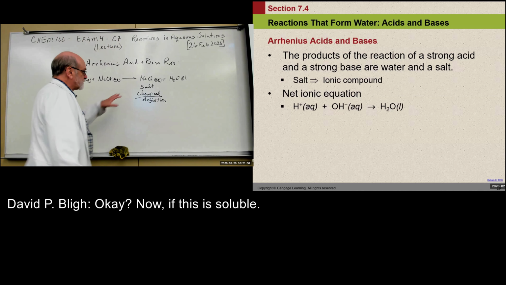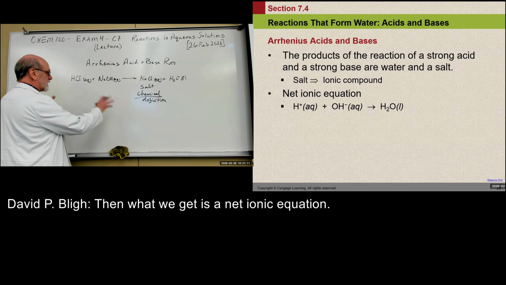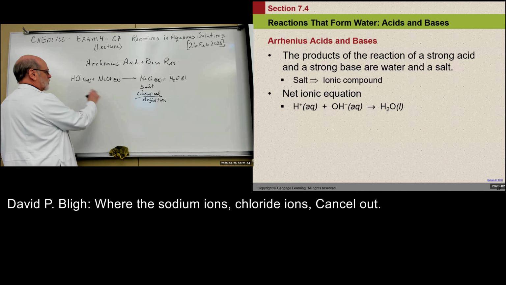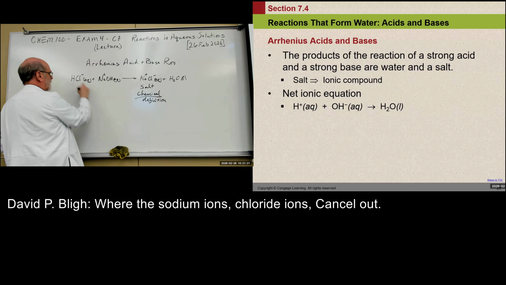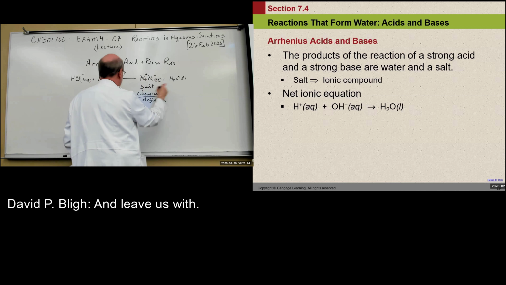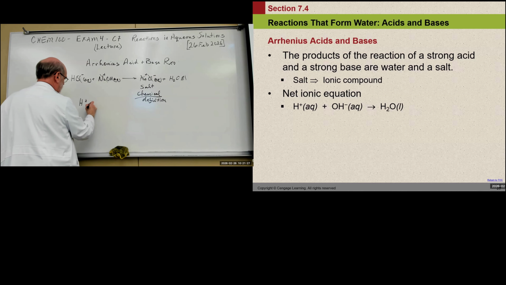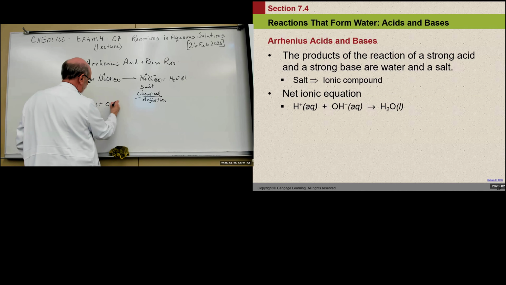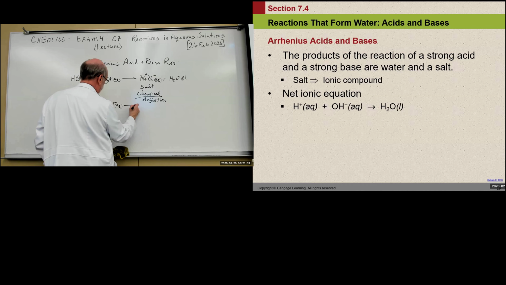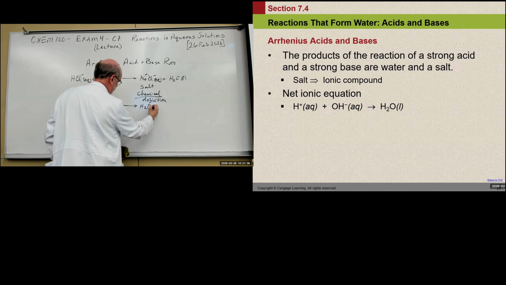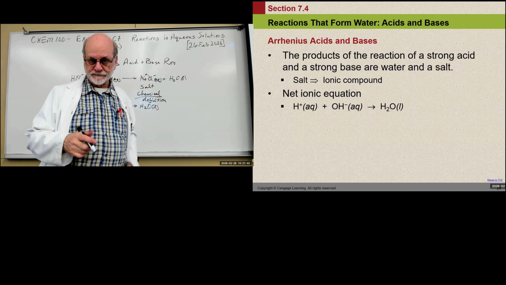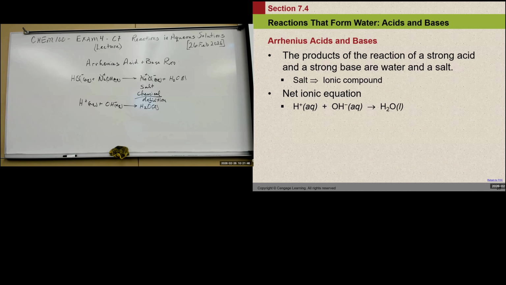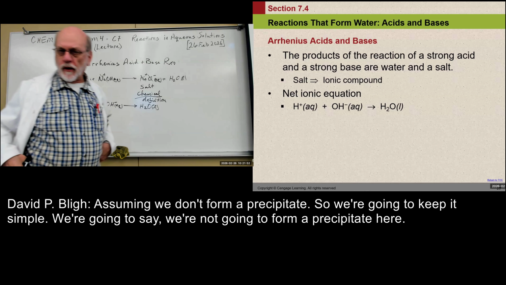Okay? Now, if this is soluble, then what we get is a net ionic equation where the sodium ions and chloride ions cancel out and leave us with that, the net ionic equation for all acid-base reactions, assuming we don't form a precipitate.